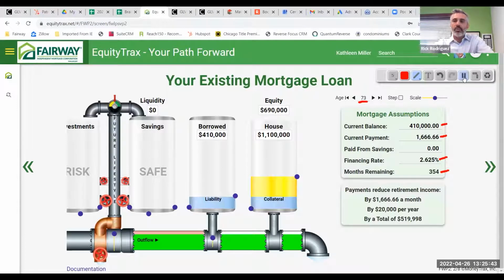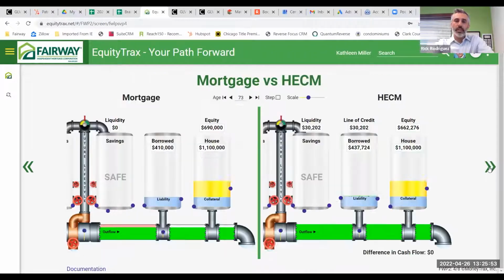And what I'm going to show you is how a reverse mortgage compares side by side to a traditional mortgage. In option number one, or presentation number one, we're going to show how the reverse mortgage can increase one's liquidity by not having to make a mortgage payment.